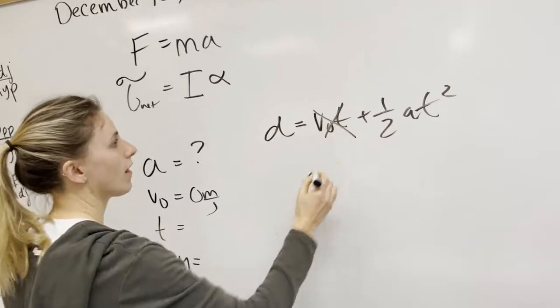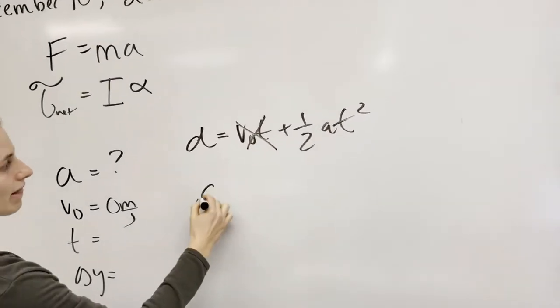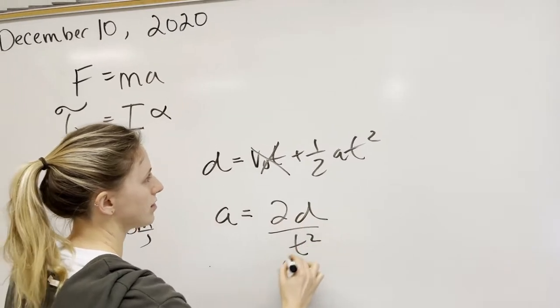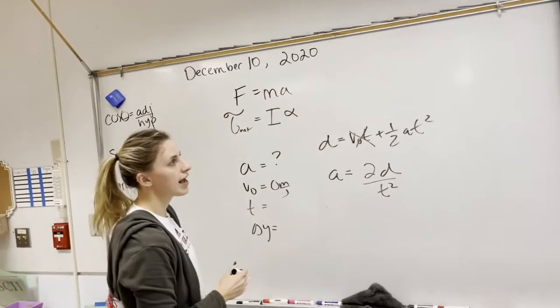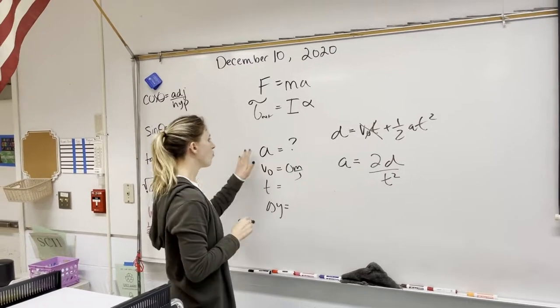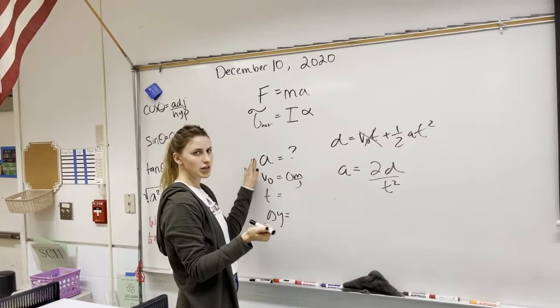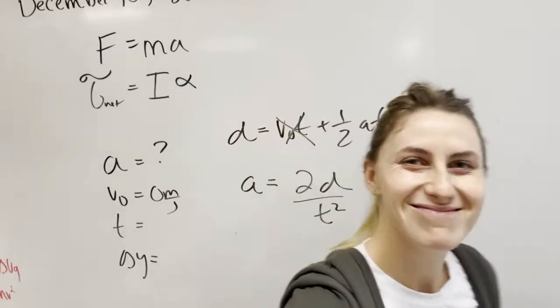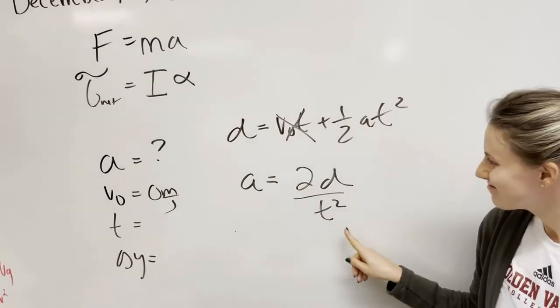The original velocity is 0. Multiply both sides times 2, divide by t squared. Okay, so this is how we could find the acceleration. But what does that have to do with my force of tension? Boys and girls, you got this written down? Because she's going to erase that right now.